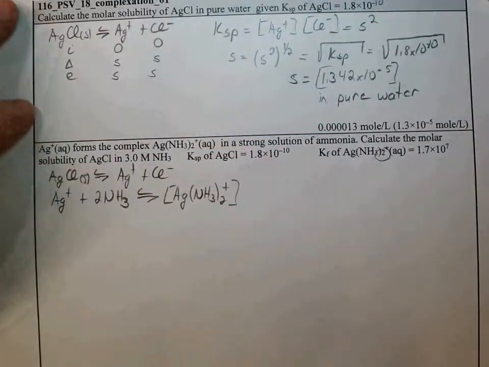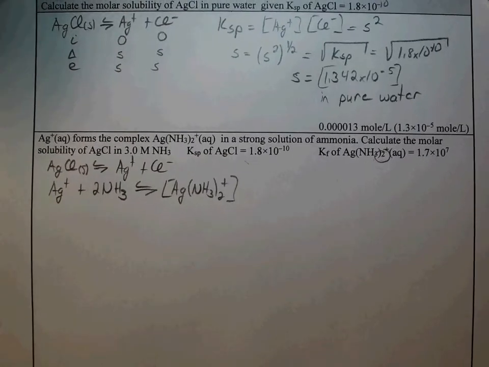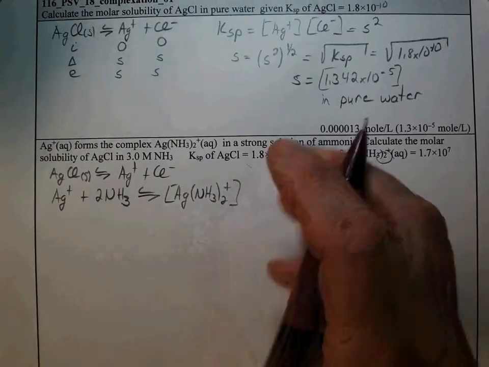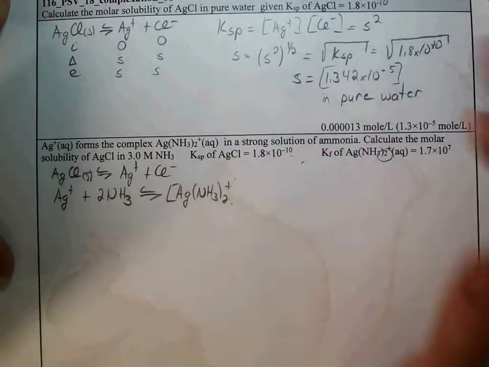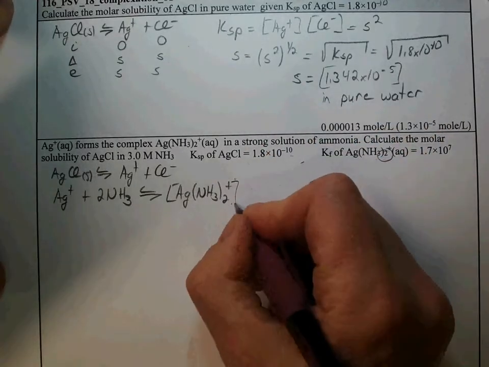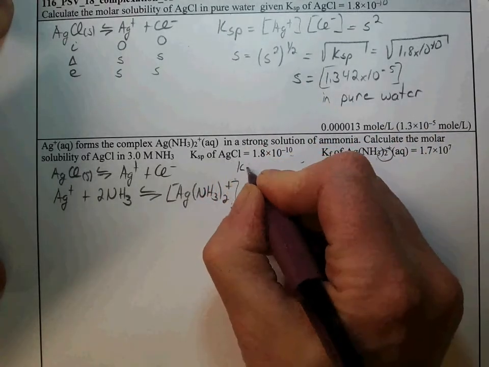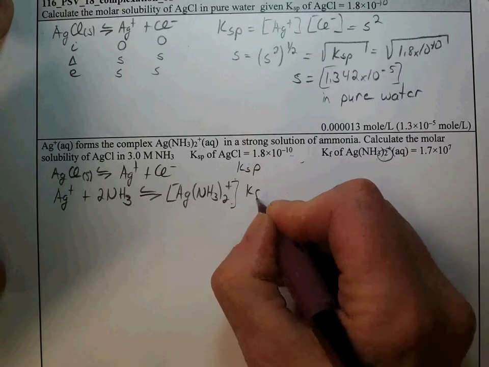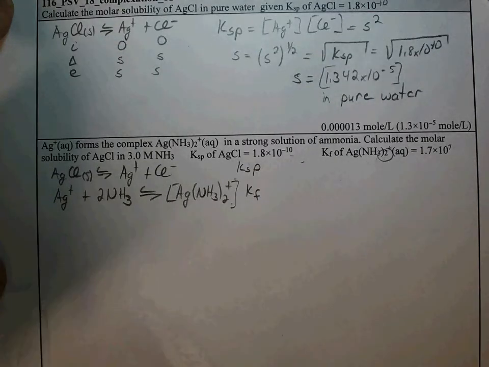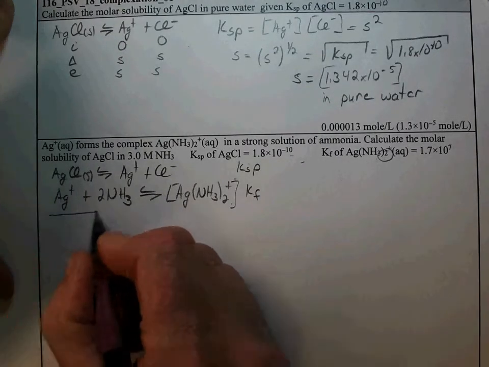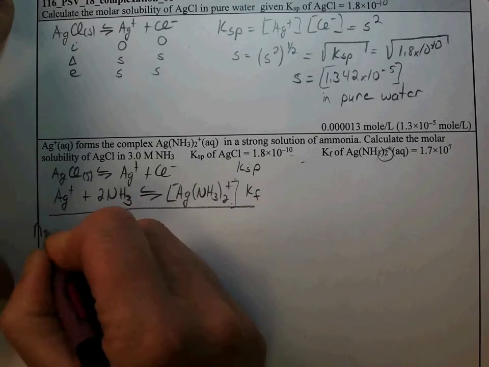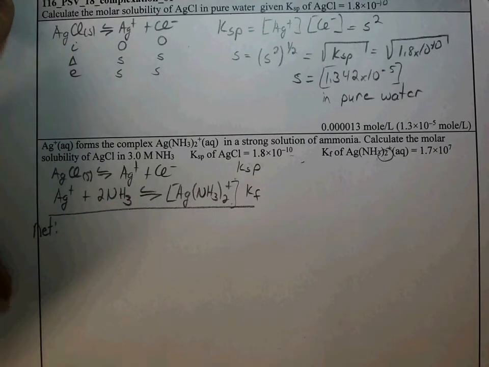Now the equilibrium constant associated with the first reaction is Ksp, and this is Kf, the formation constant of this complex.